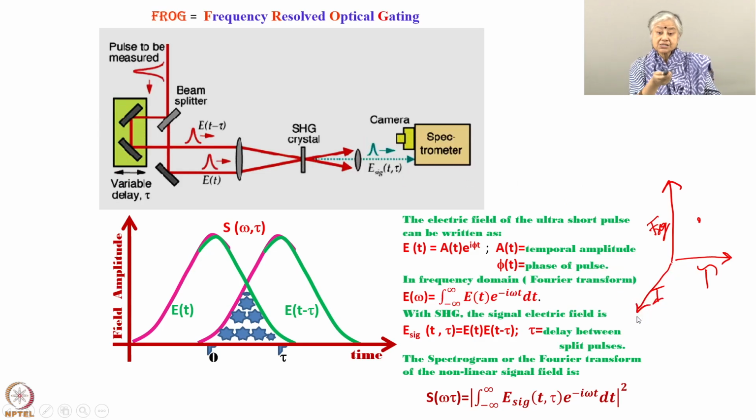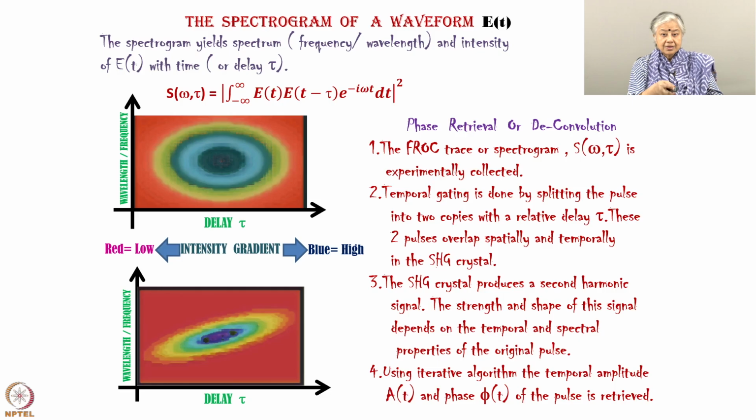So, what does my spectrogram look like? Not a spectrum, but the spectrogram. Here I give the spectrogram of a wavefront ET. These two are examples of a spectrogram. See, this is the delay time.